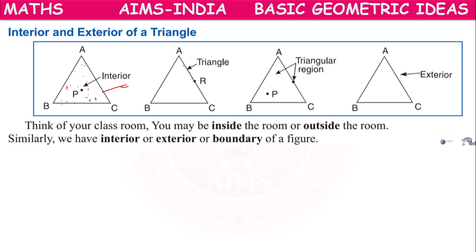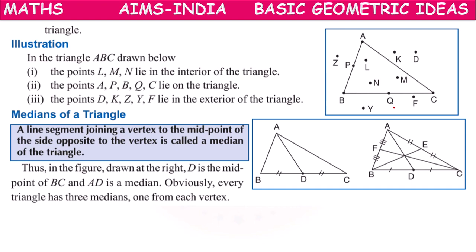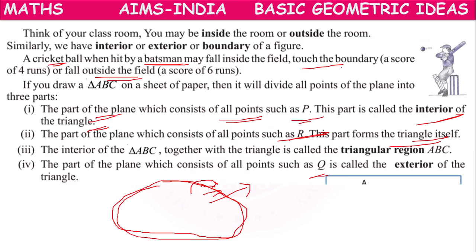Means if they are on the triangle, that part is on the triangle itself. P represents the interior part, R represents on the triangle. In the same way, suppose here you have Q, which is outside. Q represents the exterior part of the triangle.